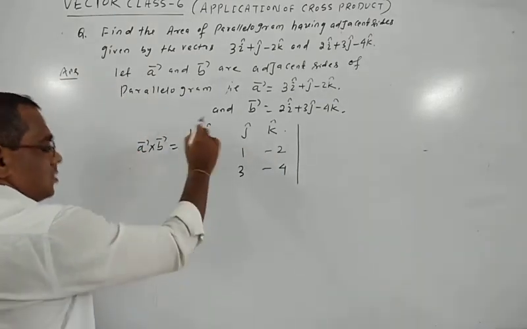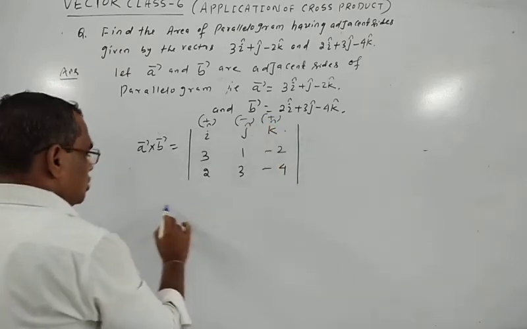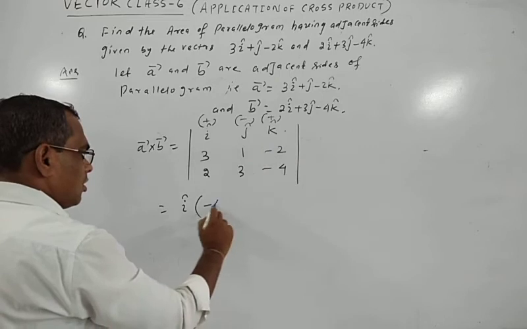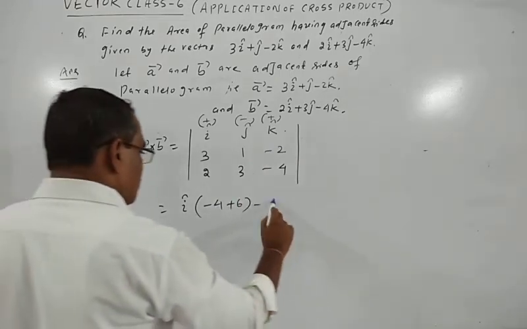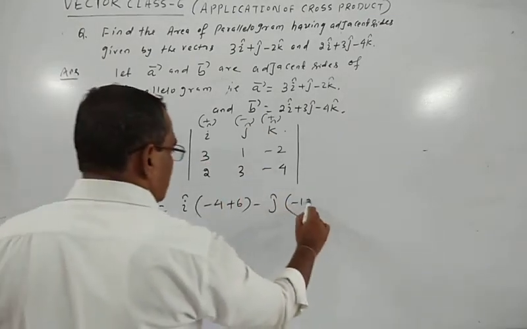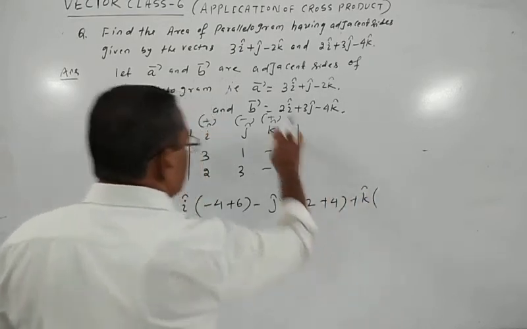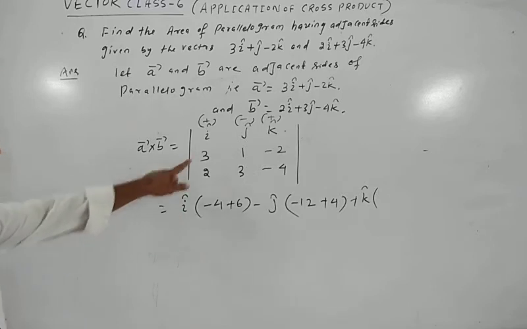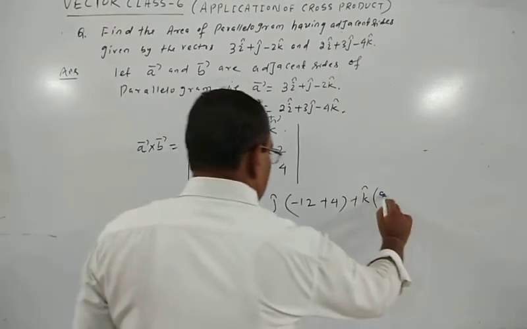Okay, expand it, plus minus plus. So this is equal to i cap into (1 into minus 4, minus 4 plus 6), minus j cap into (3 into minus 4, minus 12 plus 4), plus k cap into, first row and third column leave it, 3 into 3, 9 minus 2.